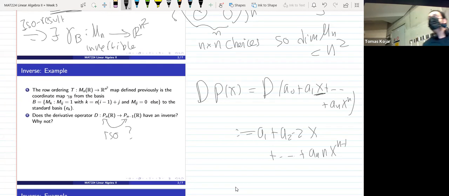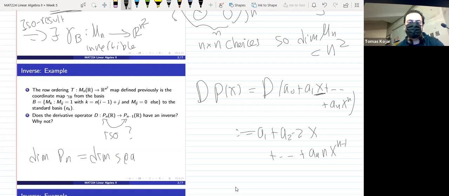What's a quick reason to say no? There's a quick argument. One line. So what is the dimension of Pn? N plus 1. And the way you find this, let me just say it for people who don't know.